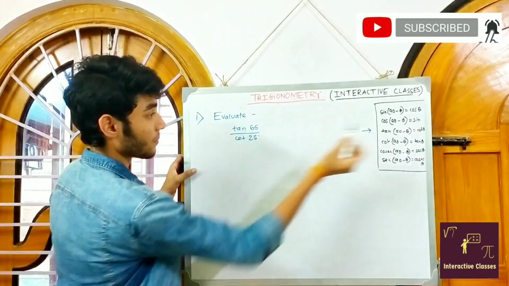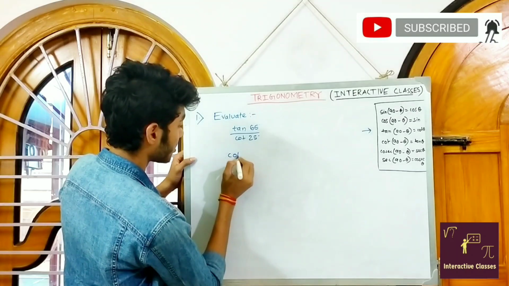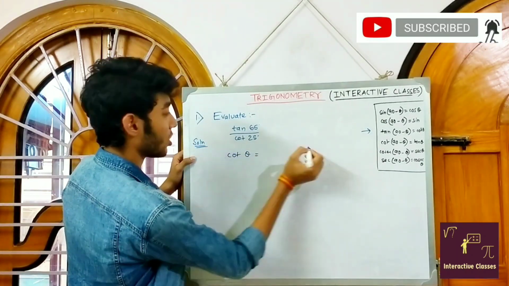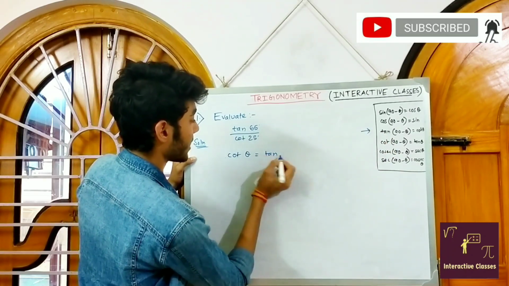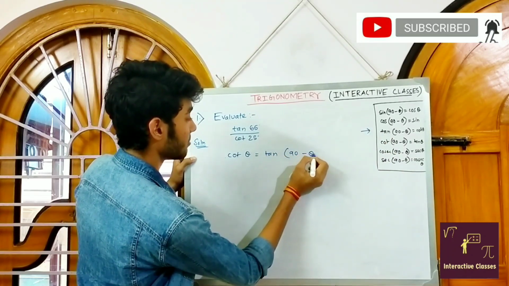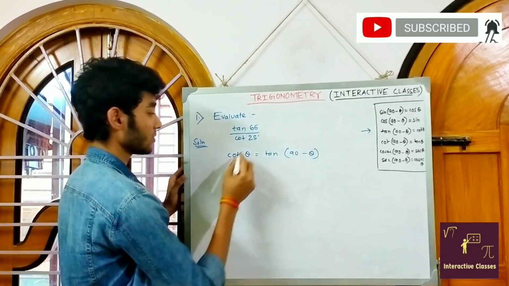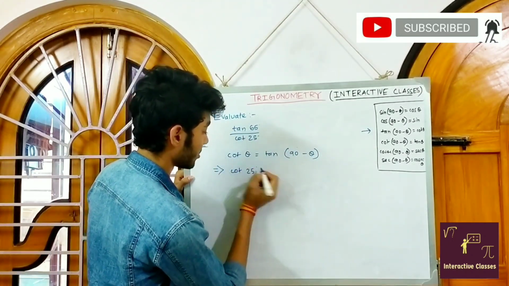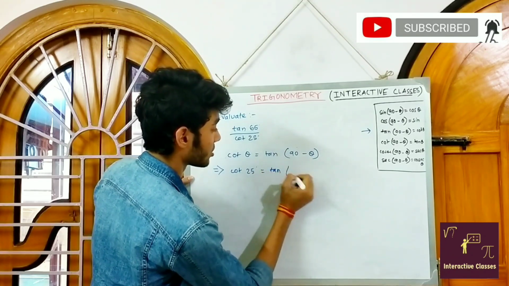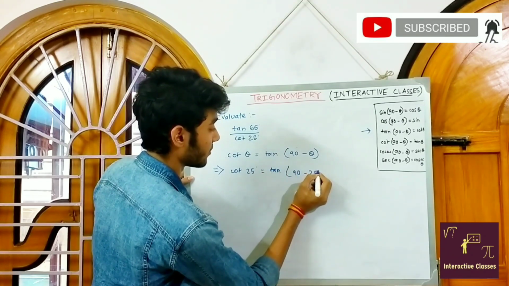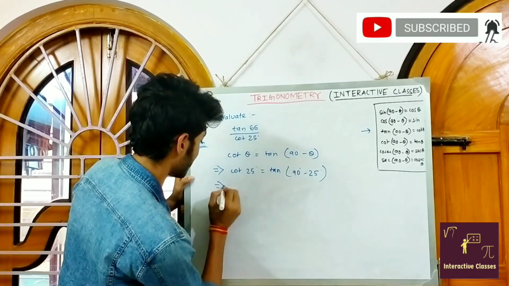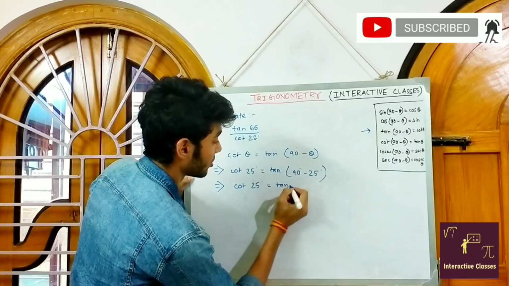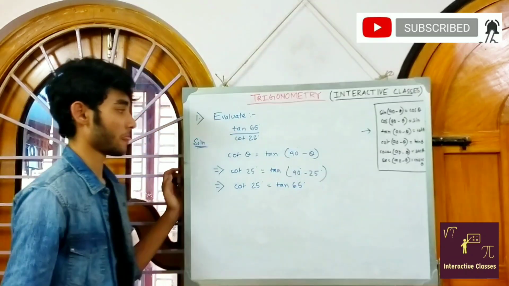So let's do it. Here cot theta equals tan 90 minus theta. Now cot is 25 degree, so tan is 90 minus 25 degree, that is, cot 25 degree equals tan 65 degree.